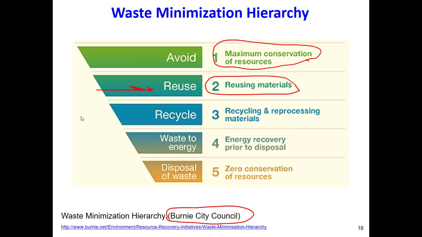Recycle: if we really need to waste something, it's better to recycle it. If we really don't need a laptop, nowadays there are companies that recycle electronic devices. They recycle cell phones and laptops. Why? Because each electronic device contains plastic materials and different types of metals like copper, very expensive metals actually.